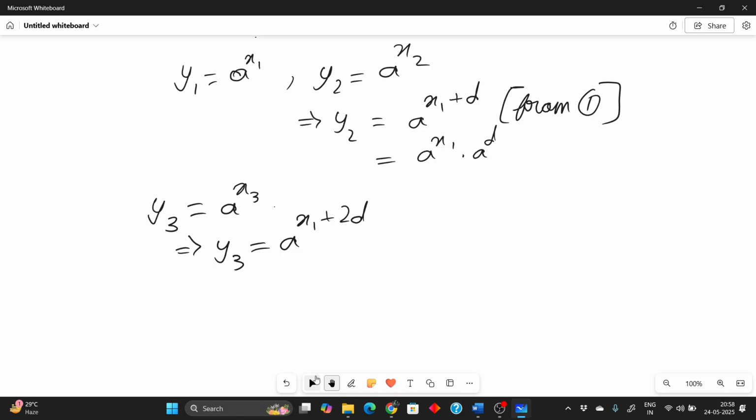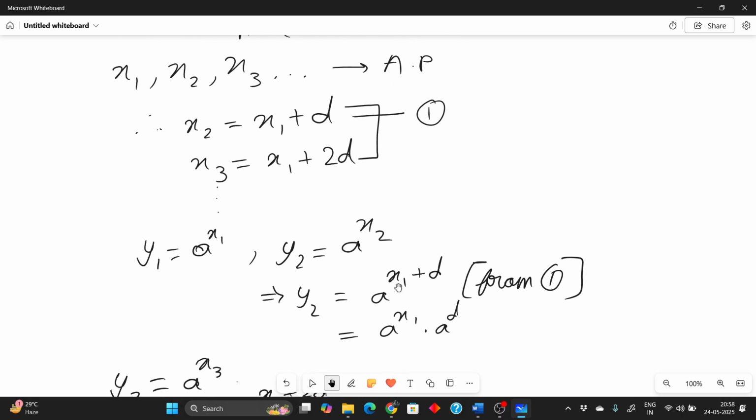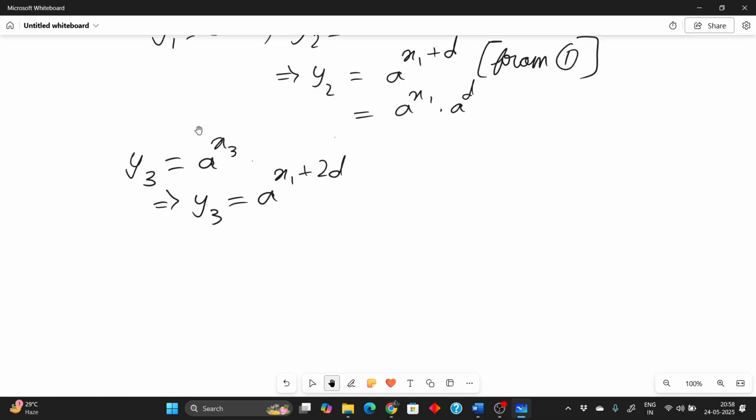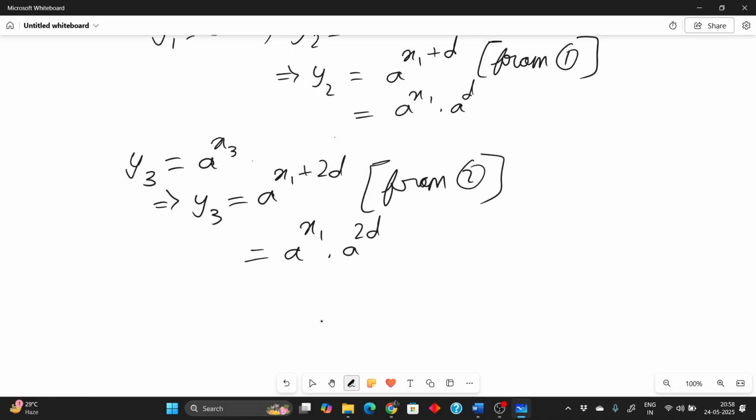This is from equation 2. Now we can write this as a to the power x1 dot a to the power 2d. Right.